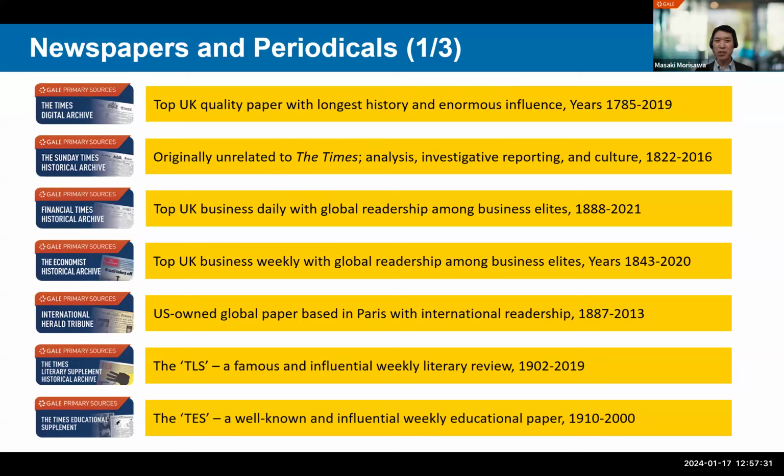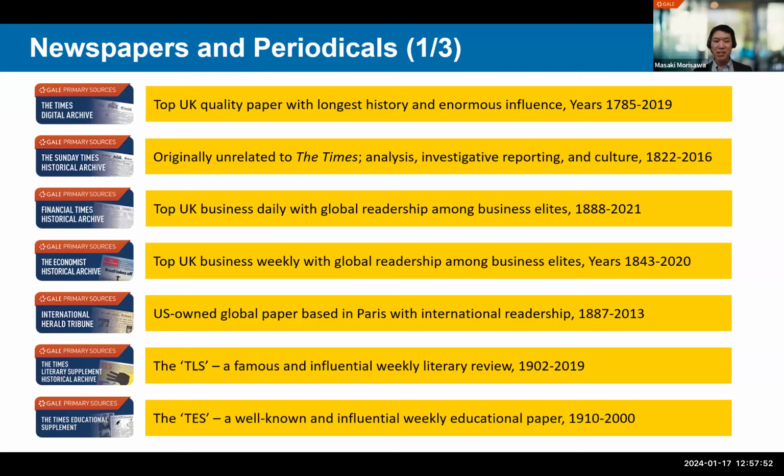Then we have 2 business-related titles, the Financial Times and the Economist. I'm sure many of you are familiar with those titles. They're still publishing. International Herald Tribune is no longer publishing, but it used to be a very popular title, and it's particularly strong in international news, including Asia.